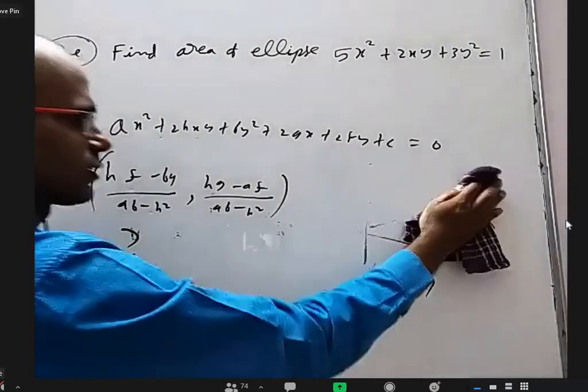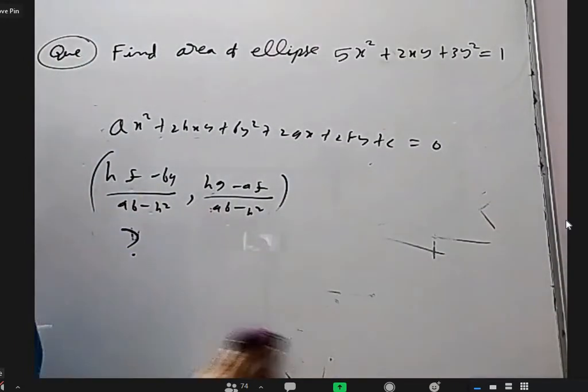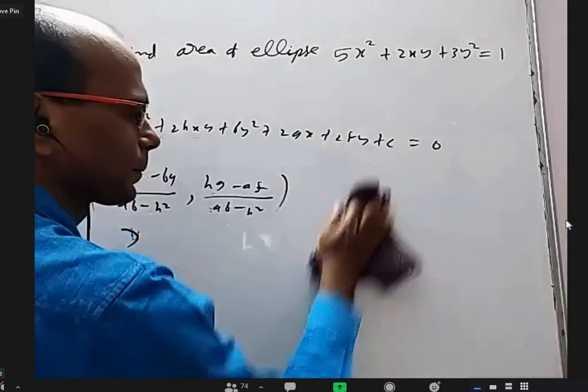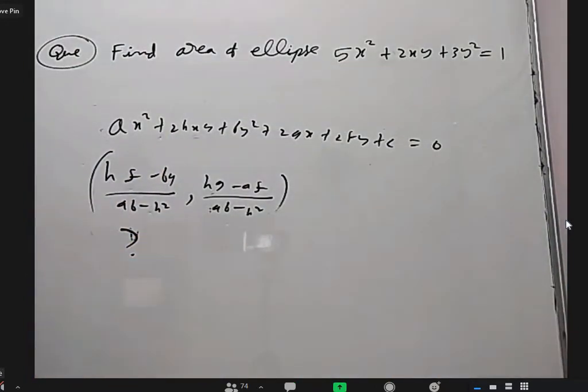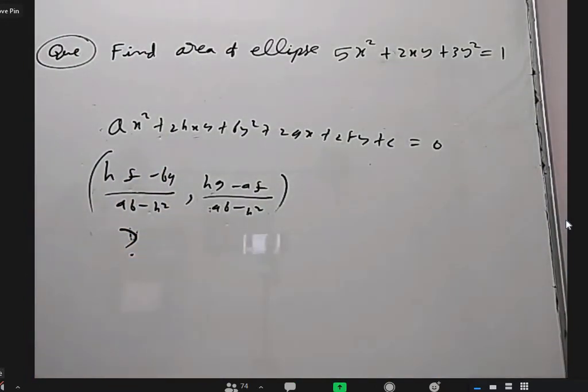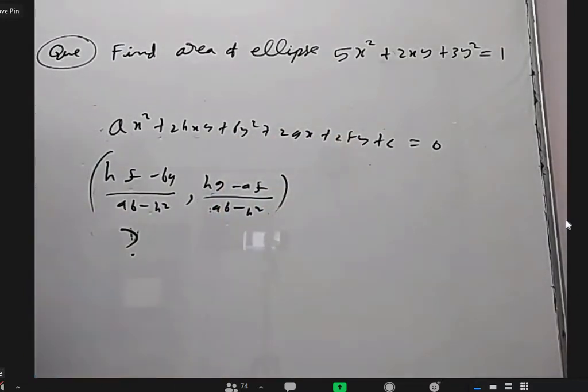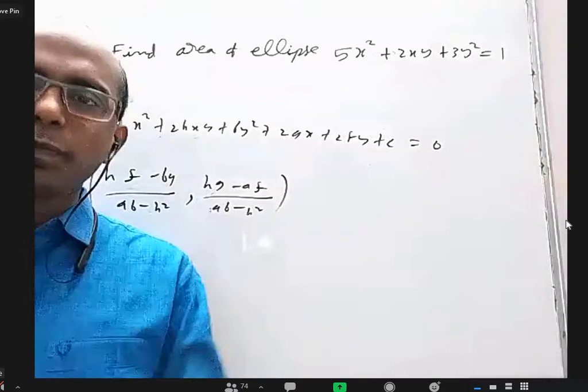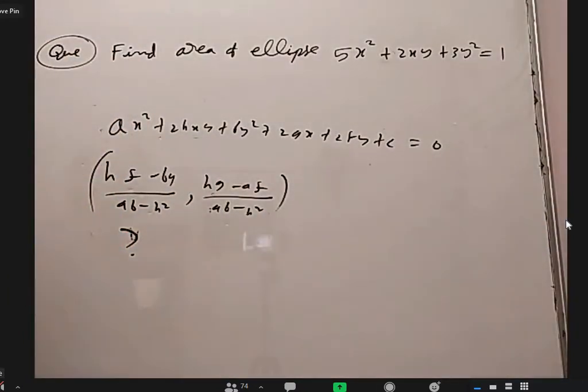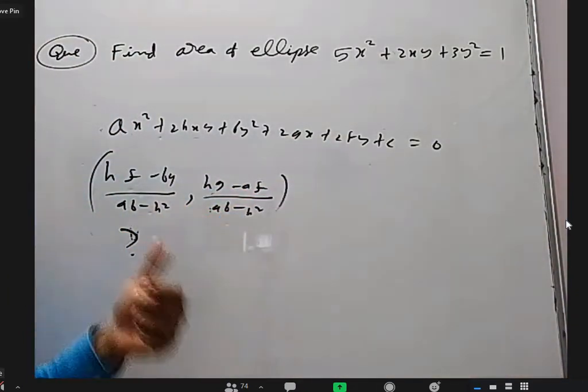So does it trigger your memory about anything? Sir, in transformation, origin is shifted to this point. Yes, for eliminating the first degree terms. The point to which the origin should be shifted, the axes translated, so that the x term and y term can be eliminated is this.